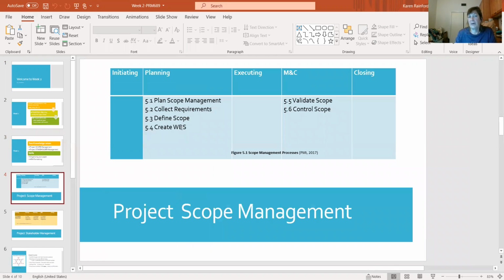There are multiple processes in project scope management. And I think the thing that we need to point out is that it's important for you to talk about which process you're in.